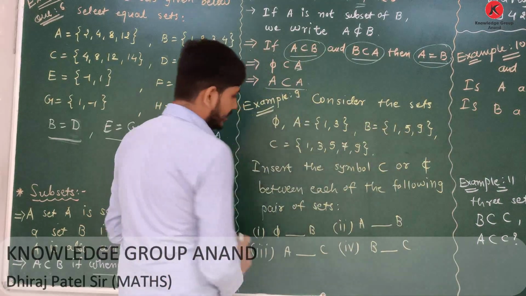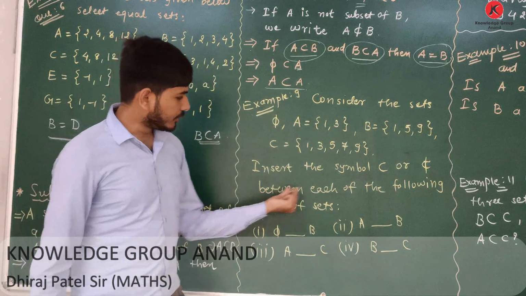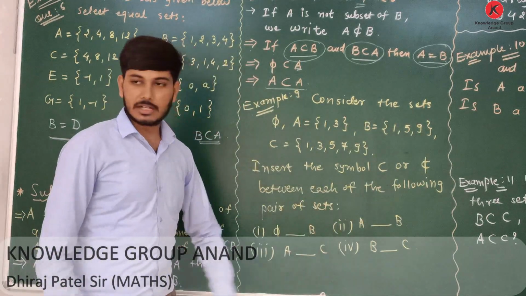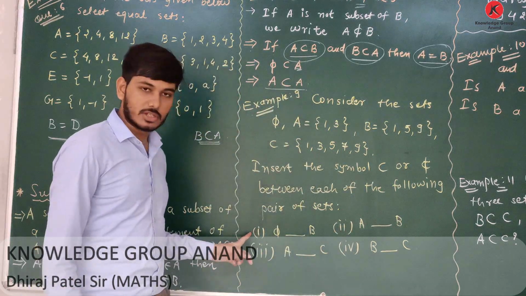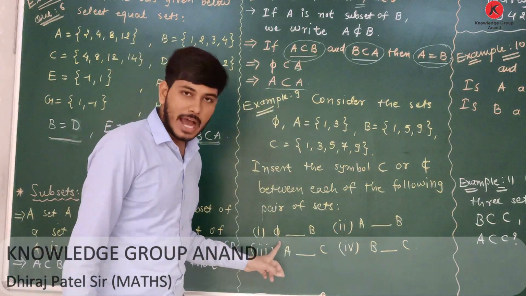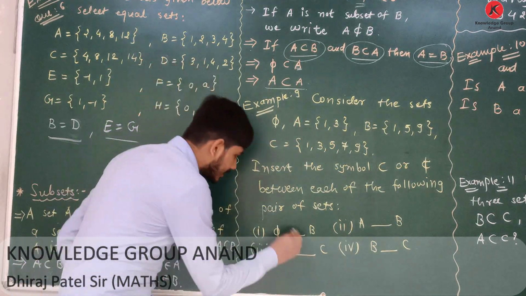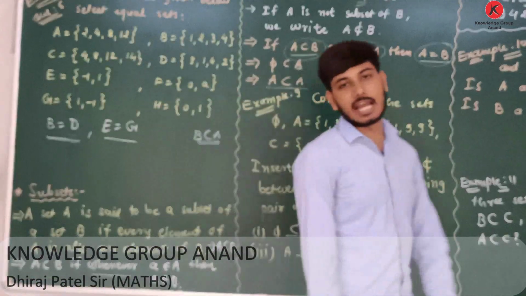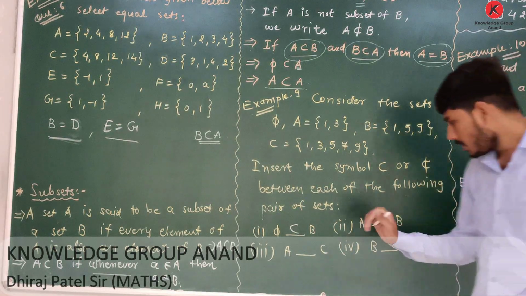Now the question is, insert the symbol subset or does not subset between each of the following pairs of sets. First question, null set, phi, blank B. We know the property that the null set is a subset of every set. Therefore, the symbol is phi subset B.